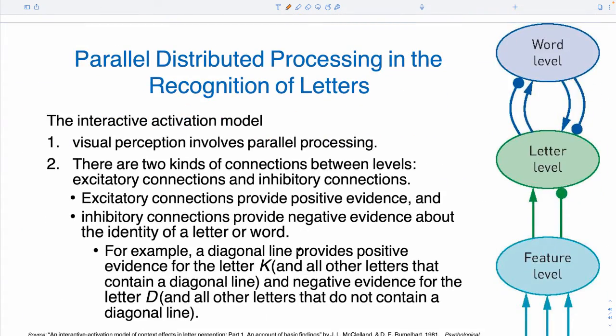So it's also a good example of what's called parallel distributed processing, and seeing this in the recognition of individual letters. So this is what's called an interactive activation model, and we can see that there are arrows right in these 2 directions, huh?